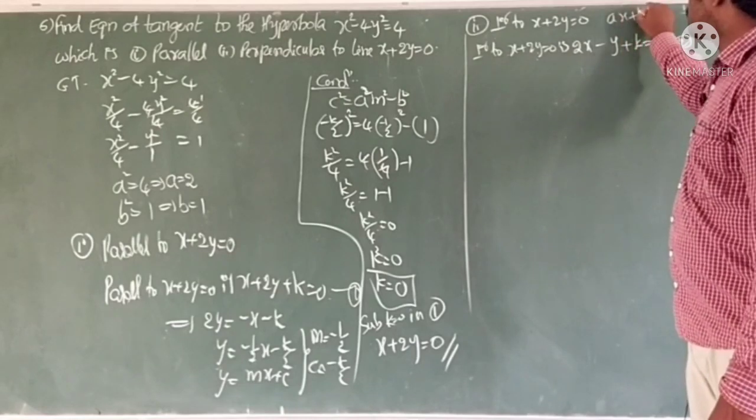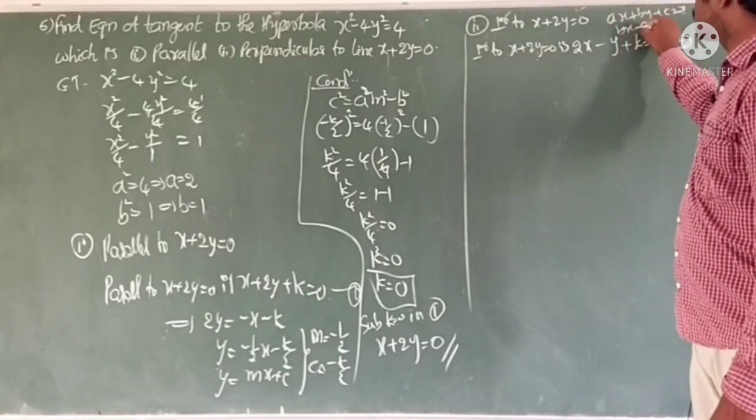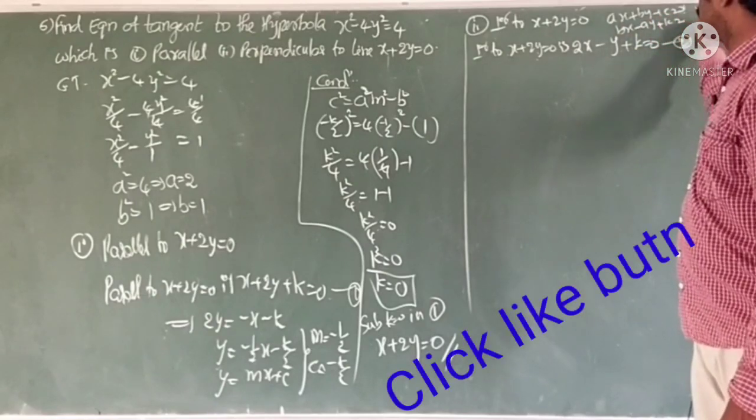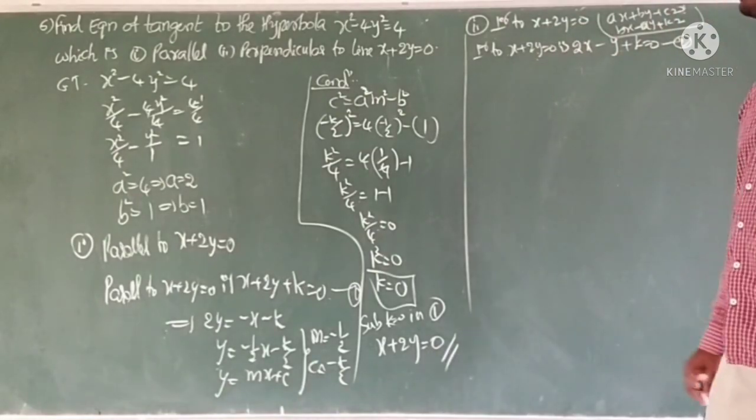For the line ax plus by plus c equal to 0, the line perpendicular to it is bx minus ay plus k equal to 0. So according to this formula, it changes in this way, plus k equal to 0, equation 2.